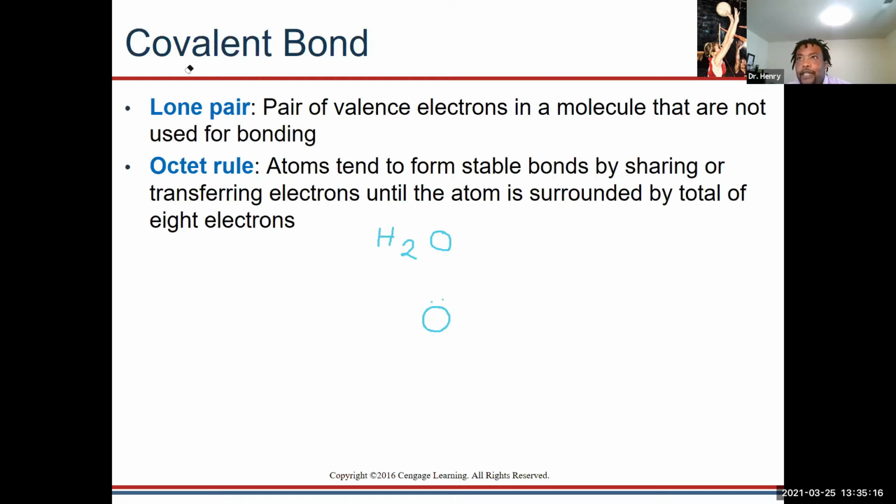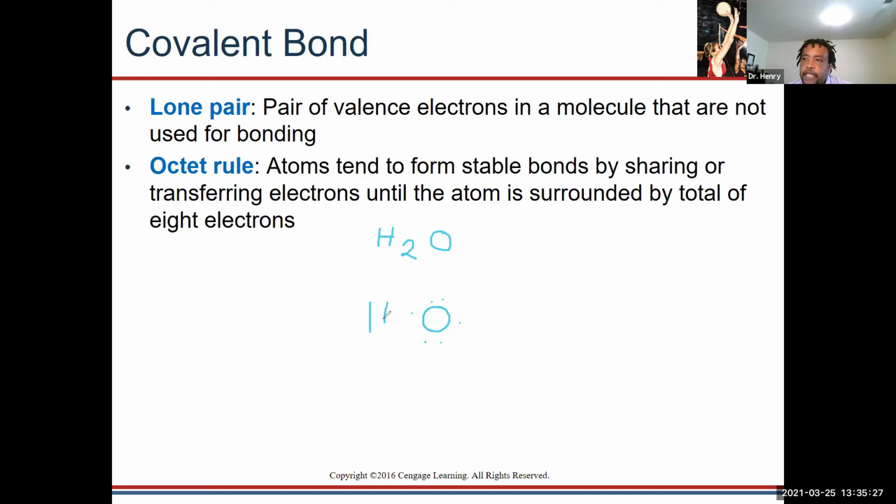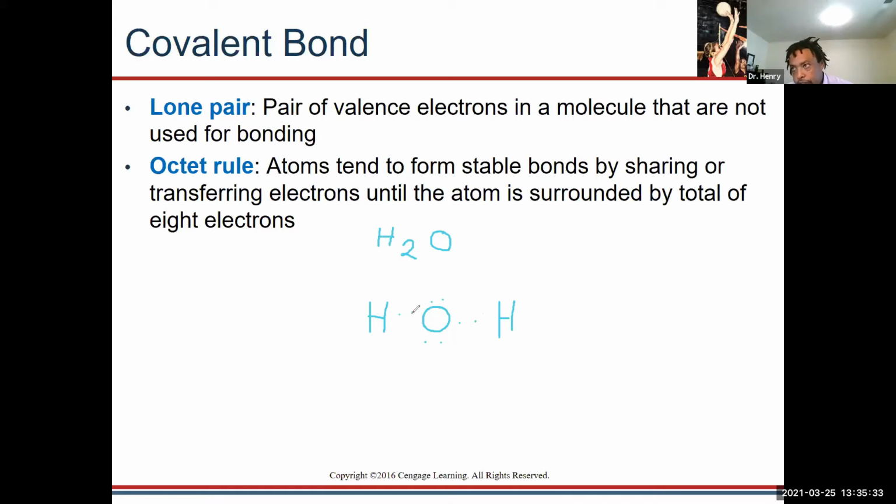I'm going to cheat a little bit. Can you guys see my little blue, or is that too light? No, we can see it. And how many valence electrons does hydrogen have? 1. So we know it's going to look something like this. If we count the electrons around oxygen, it obeys the octet rule, meaning it has 8 electrons around it.